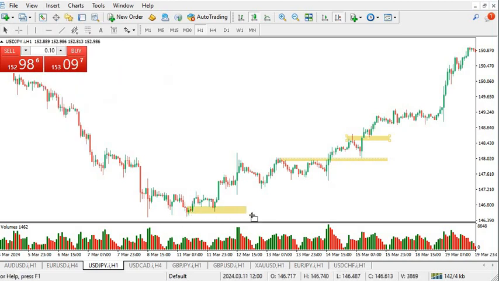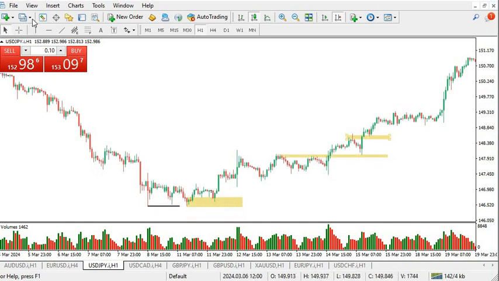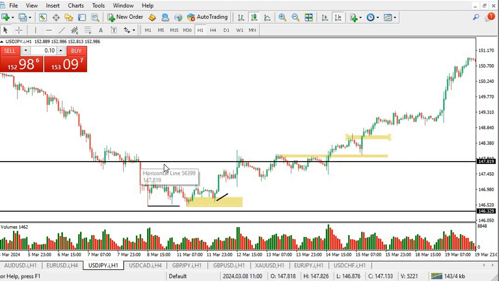And this one was the order block which is near the previous support, or let's say this one is also a support. So it was an order block where we should have taken the entry at this point, mitigating the order block, and we would have set our stop loss below the support, and our take profit area would be the next order block.